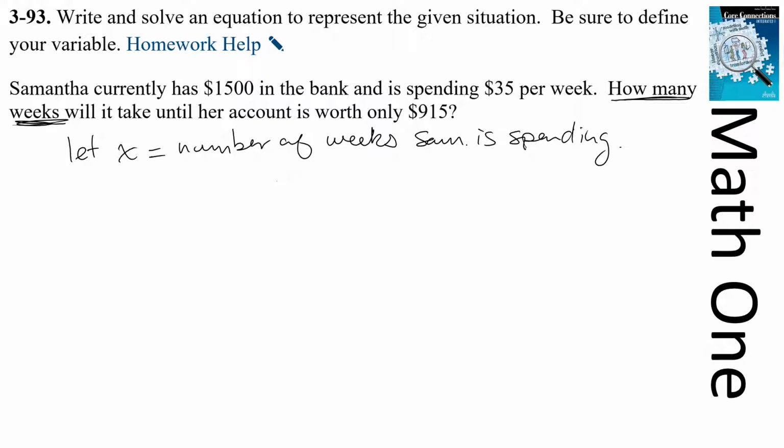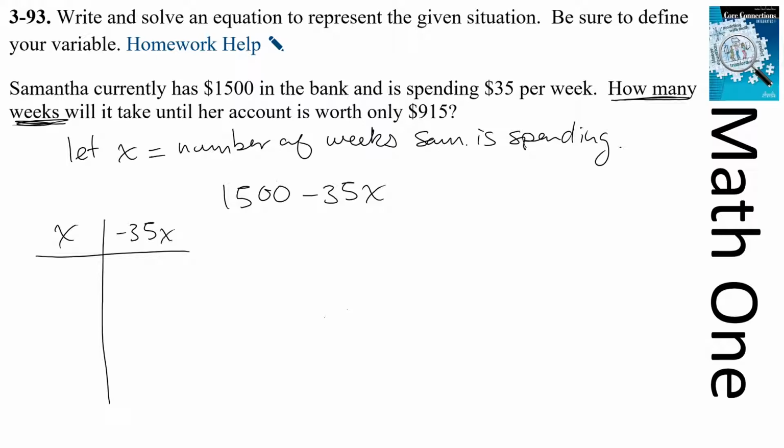Well, if we start with $1,500, and every single week that goes by we're spending 35, this expression represents how much money I still have in my bank account. And if you think about it, if x is the number of weeks, then negative 35x is how much I've spent, or how much my account has decreased by.